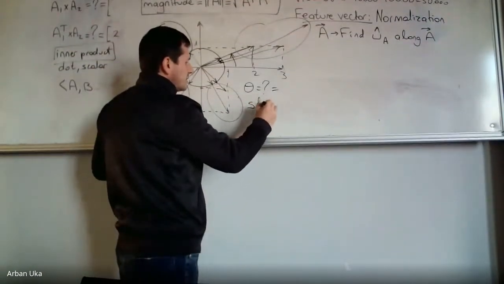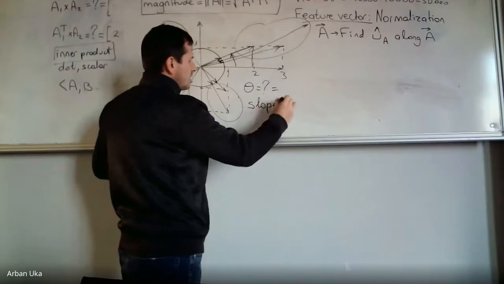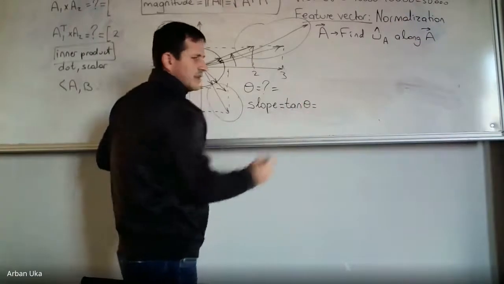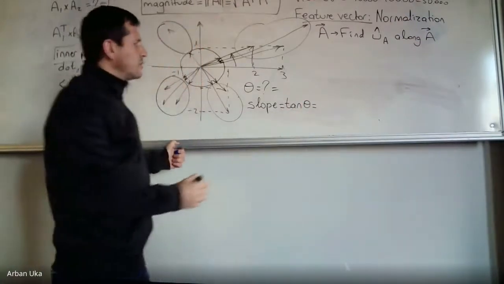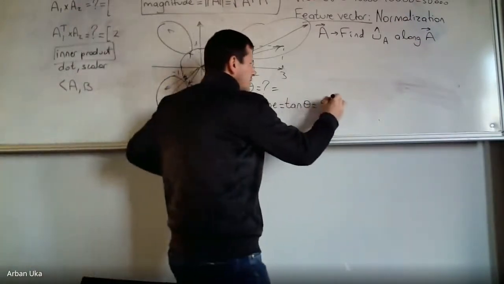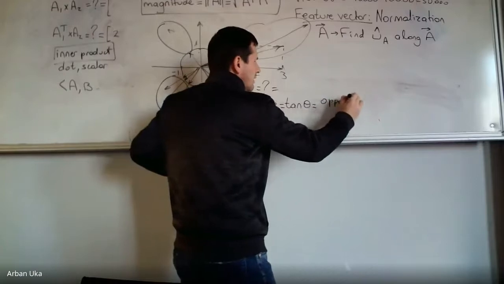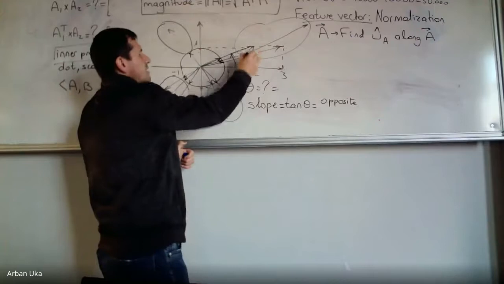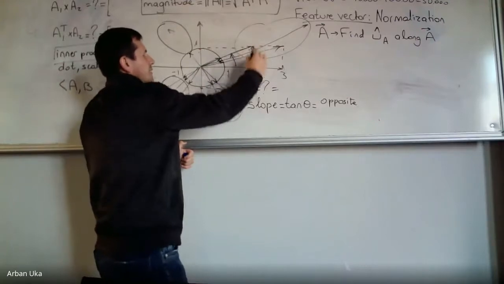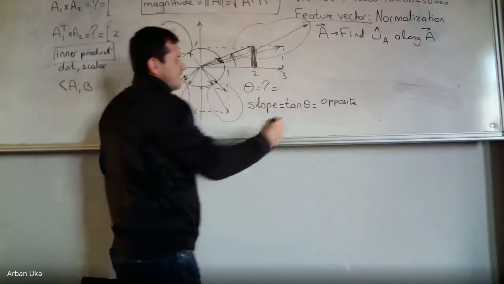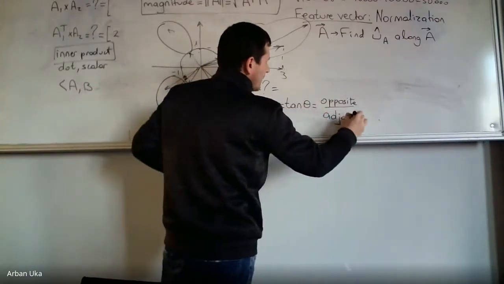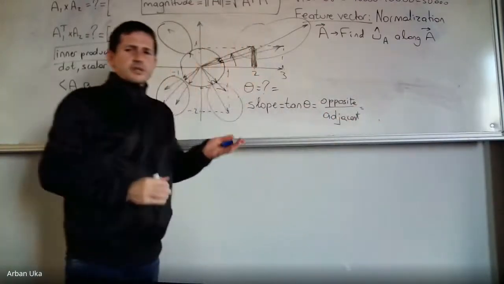Slope can be defined as the tangent of the angle theta, and the tangent is equal to the opposite side. What is the opposite side? If this is the angle, the opposite side is this, which is equal to 1, divided by the adjacent side. The adjacent side is the side which is closer to the angle.